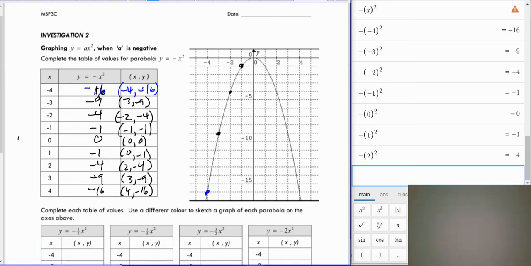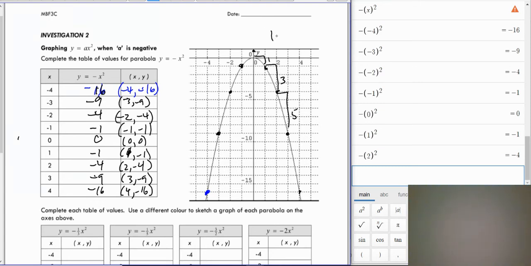Okay, so let's just double check. So that's over 1, down 1. Over 1, down 4. This pattern, if you might notice, over 1, down another 5. This pattern of going over 1, down 1, over 1, down 3, over 1, down 5 repeats itself.